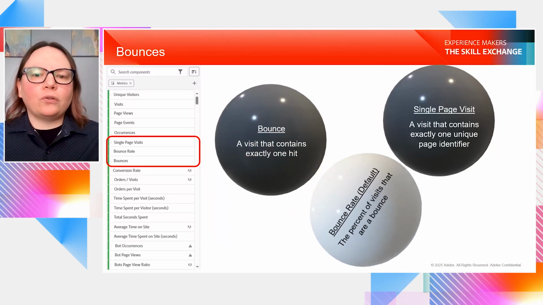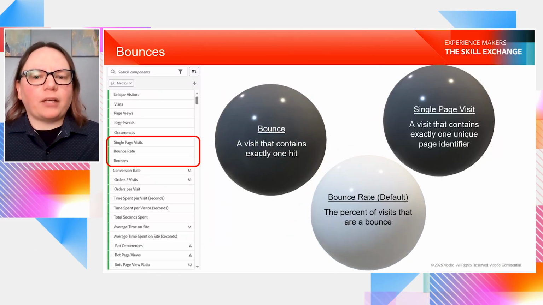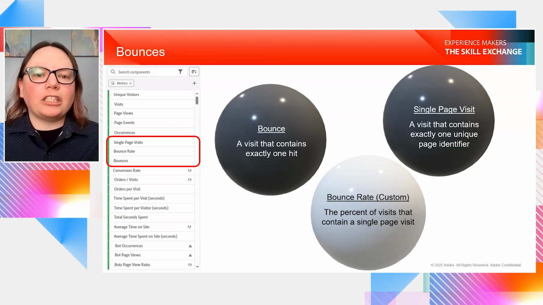Adobe does also create a default relative metric for you called bounce rate. This is calculated as the percent of visits that are a bounce. But since bounces can be impacted by additional calls being fired on that first page, it can actually undercount a little bit. So instead, I've always made a custom bounce rate. This custom bounce rate is the percent of visits that contain a single page visit.